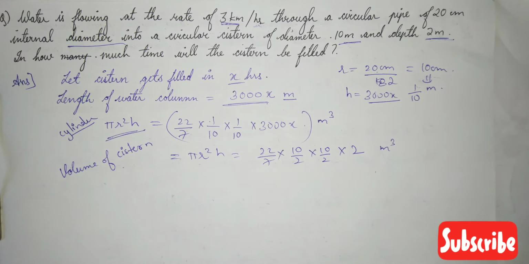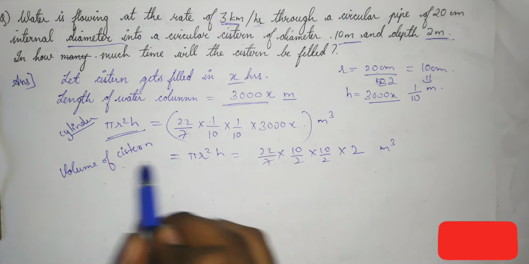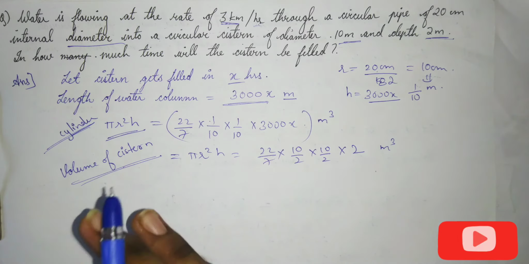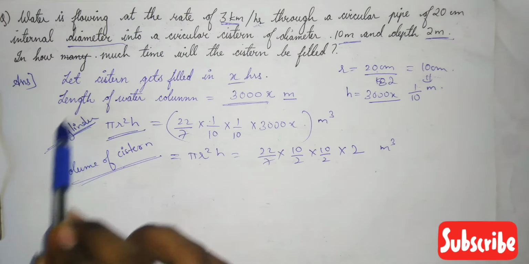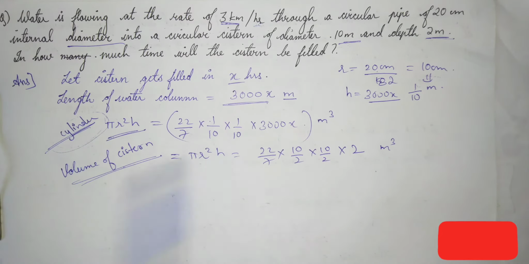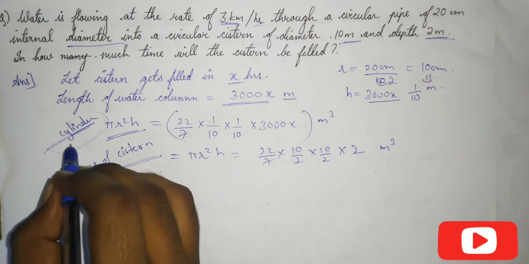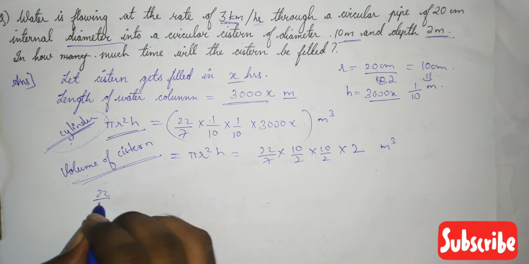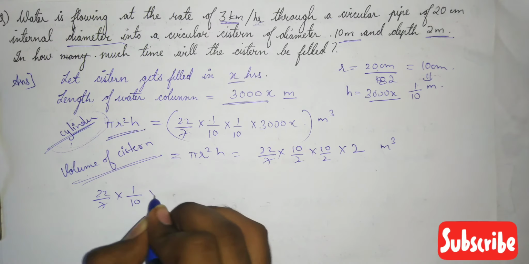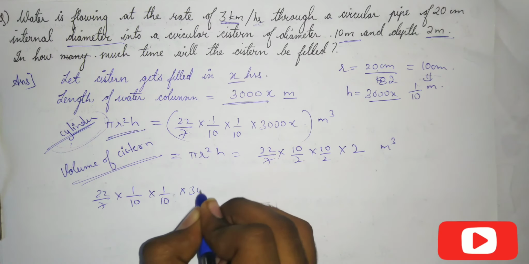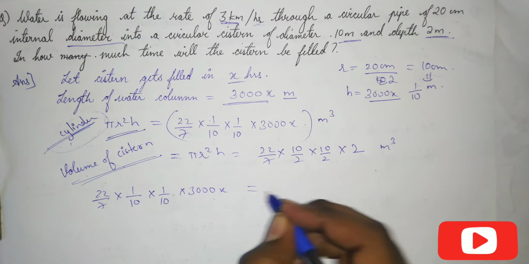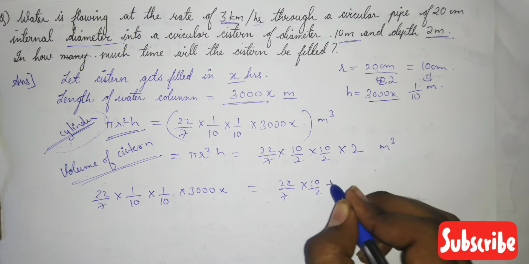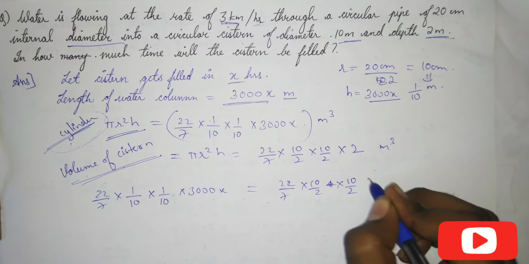One more thing you have to remember is that the volume of cistern will be equal to the volume of the cylinder. That means the volume of the water that flows into the cistern is nothing but the cylinder volume. So I can write 22 by 7 into 1 by 10 into 1 by 10 into 3000 into x will be equal to 22 by 7 into 10 by 2 into 10 by 2 into 2.